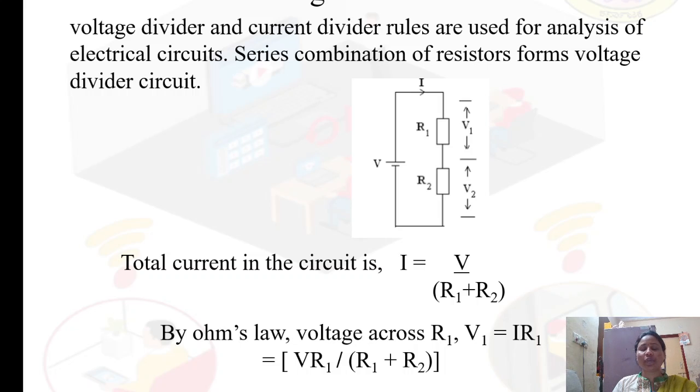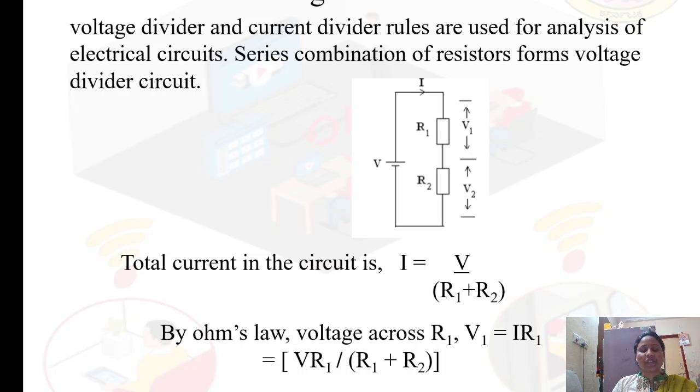And current flowing through any resistor by applying the current divider rule can be calculated as the main current multiplied with the resistance of the other branch divided by the sum of the resistances.